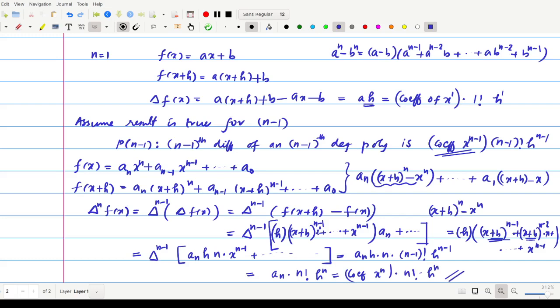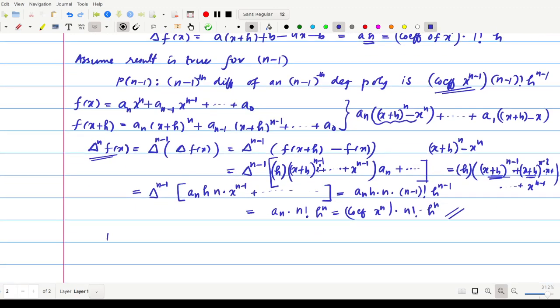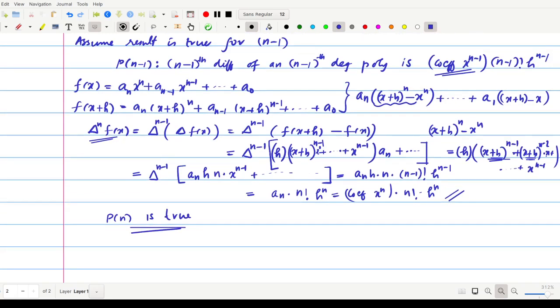So this proves P(n) is true. When you evaluate Δ^n f(x), that will be this one. So from this you can say that P(n) is true. So this proves the fourth property of this forward difference.